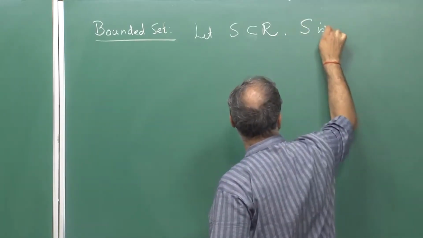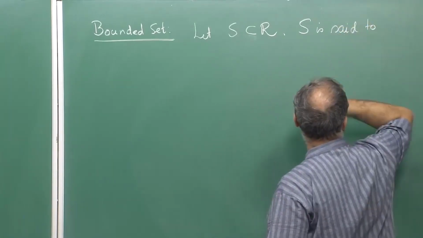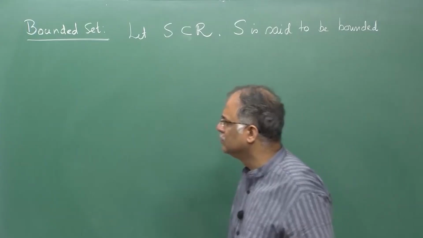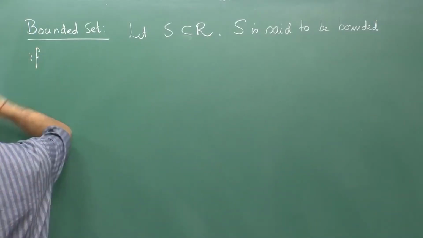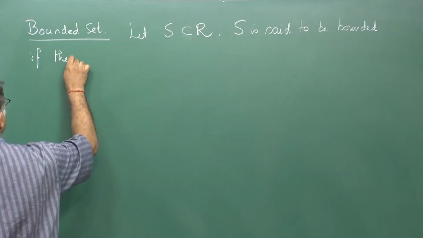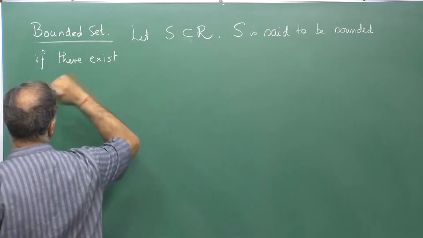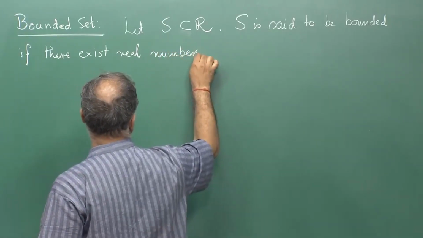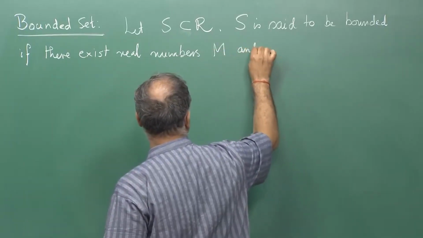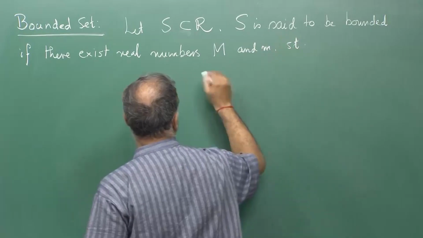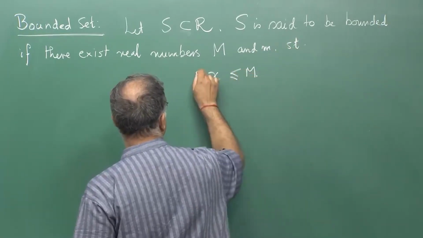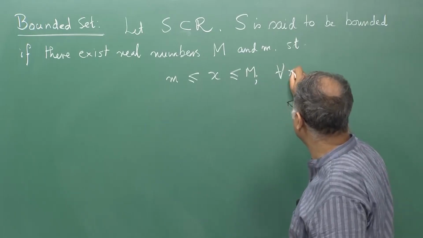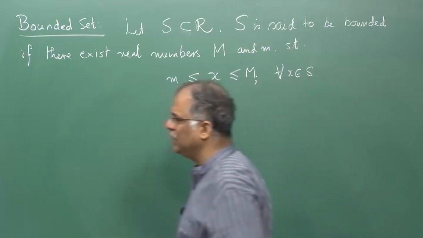So, S is said to be bounded if there exist real numbers, capital M and small m, such that whatever x you choose from S, the value of x is always lying between these two real numbers.